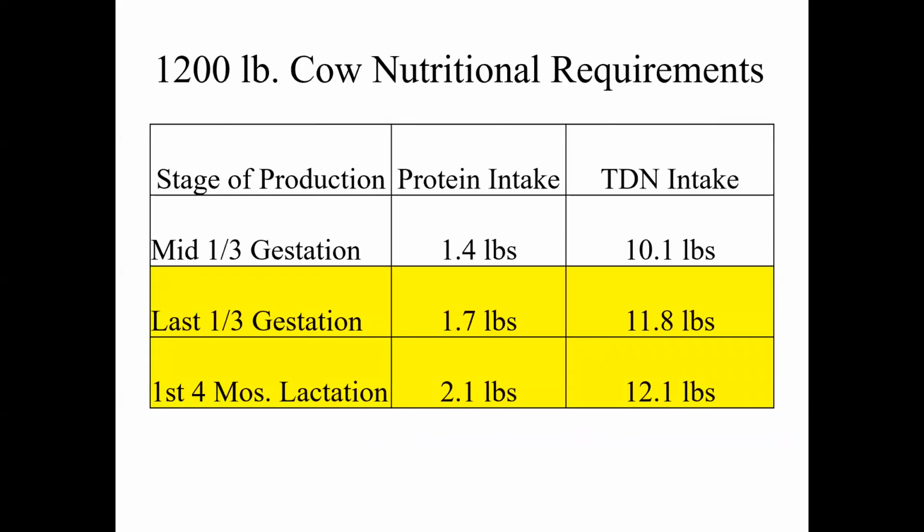What I did is I took a 1,200-pound cow's nutritional requirements and broke it down by stage of production, predicted protein intake, and TDN intake. In that last third of gestation and the first 4 months of lactation, indicated in yellow on this table, these do not meet the nutrient requirements of the animal.